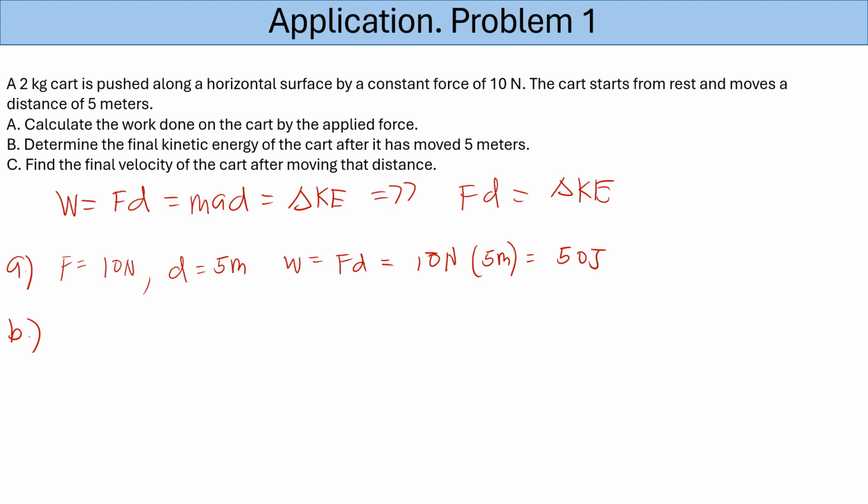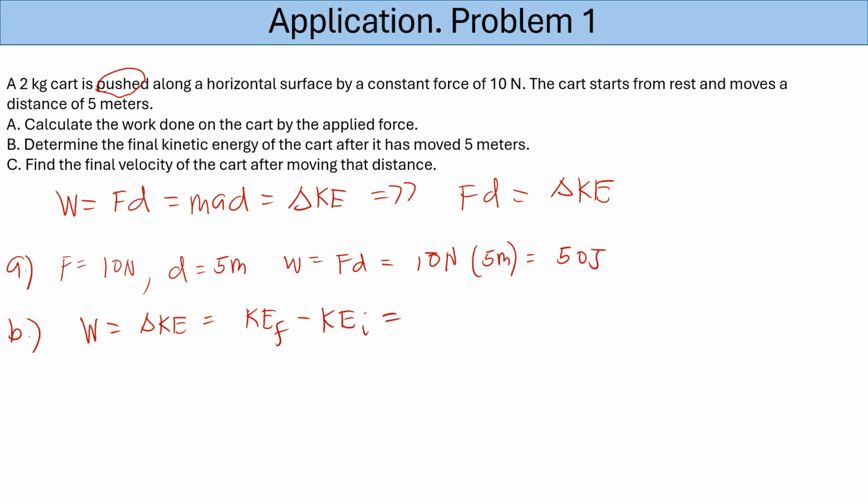And letter B, determine the final kinetic energy of the cart after it has moved 5 meters. Okay, so from the work-energy theorem, work will be equal to the change in kinetic energy, which is equal to KE final minus KE initial. In our problem, it states that it's just pushed, meaning the cart actually started from rest.